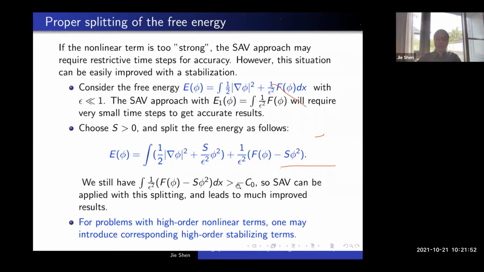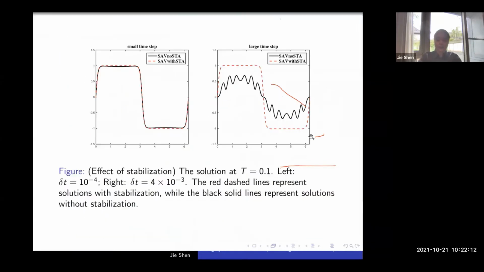And you can still prove this is bounded from below. And why do we do this? Because we need this term to balance the nonlinear term. And S can be any constant, although one constant would be fine.